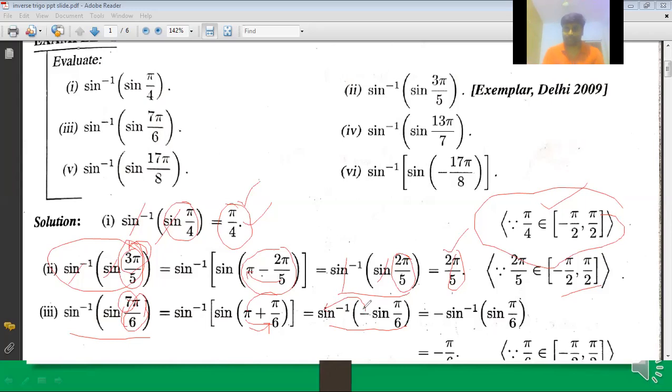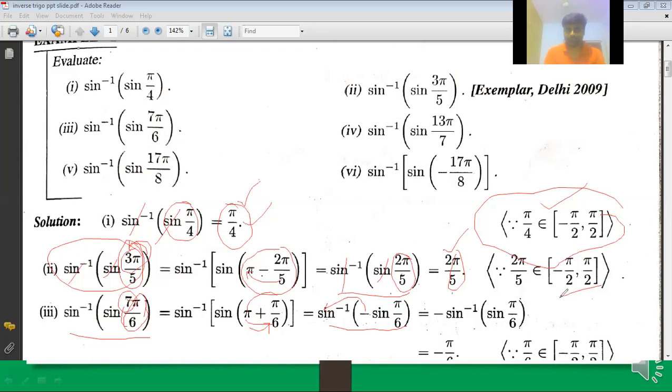Sine inverse of minus x is minus sine inverse x, tan inverse of minus x is minus tan inverse x, cosecant inverse of minus x is minus cosecant inverse x. But not for cos, cot, secant.